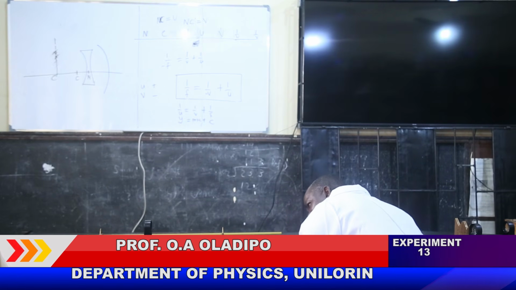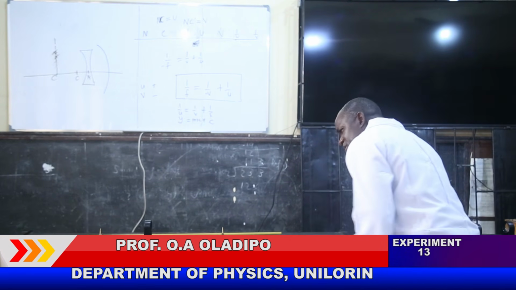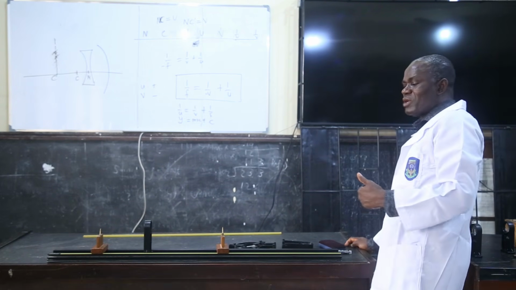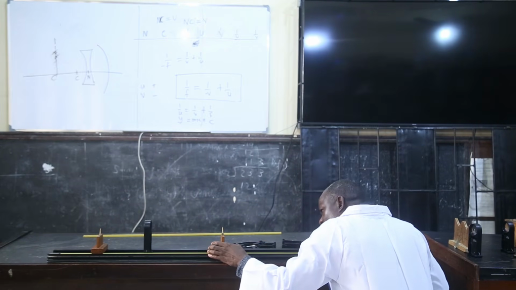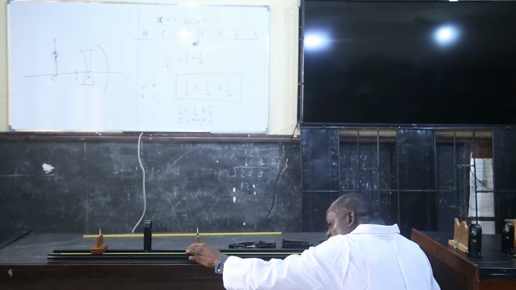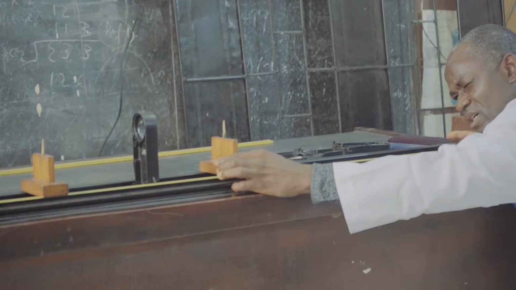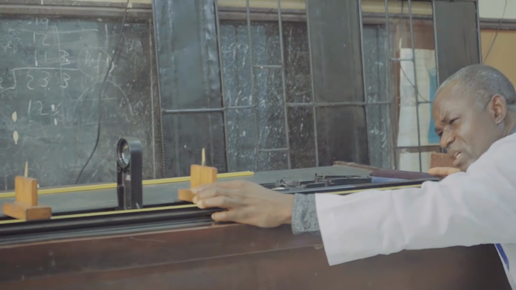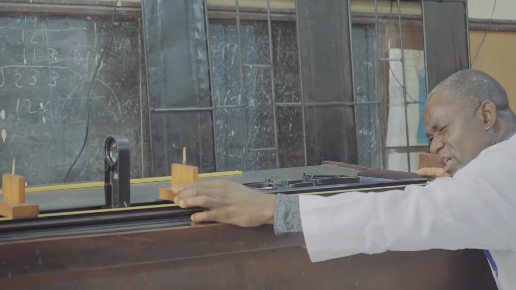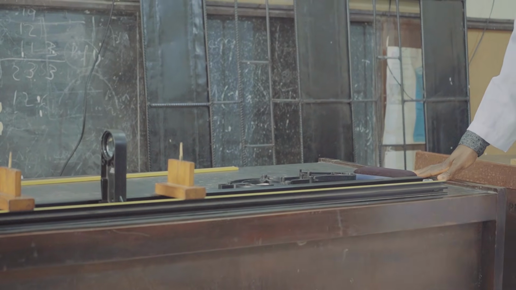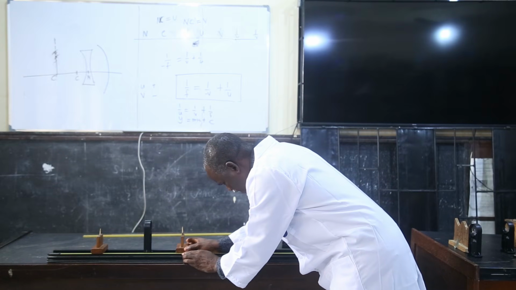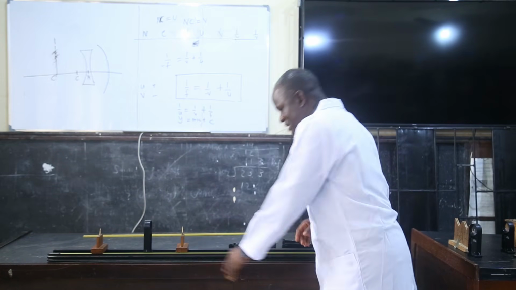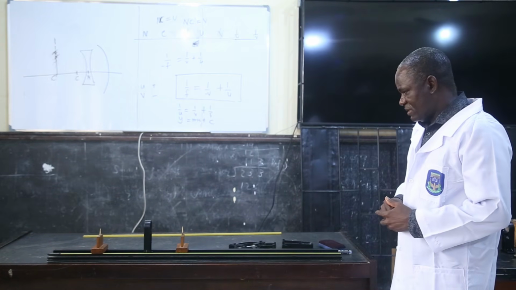If I look through the lens, I can see an inverted image, and it's actually to this side. So I want to locate the position of that image. I want to move this to where the image is, and to me, the image is somewhere here. So this position I note and record as C, just like the first experiment.